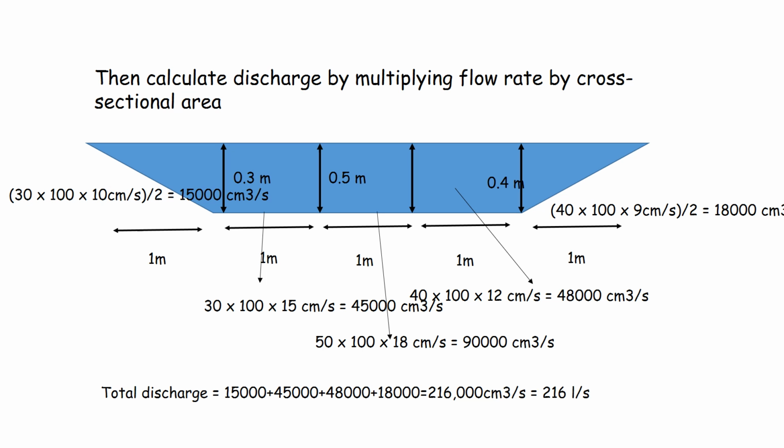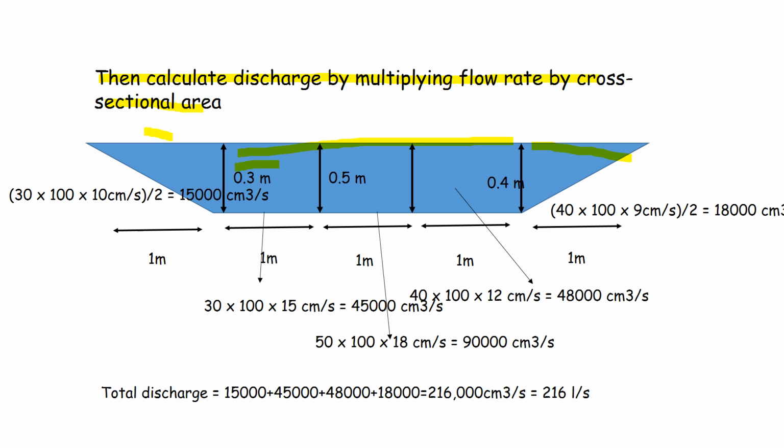We can now calculate the discharge at this point of the wadi by multiplying the flow rate by the cross-sectional area. We divide the wadi into 5 segments, 3 central segments and 2 edges. So for each of these we are going to calculate a discharge and sum them together.